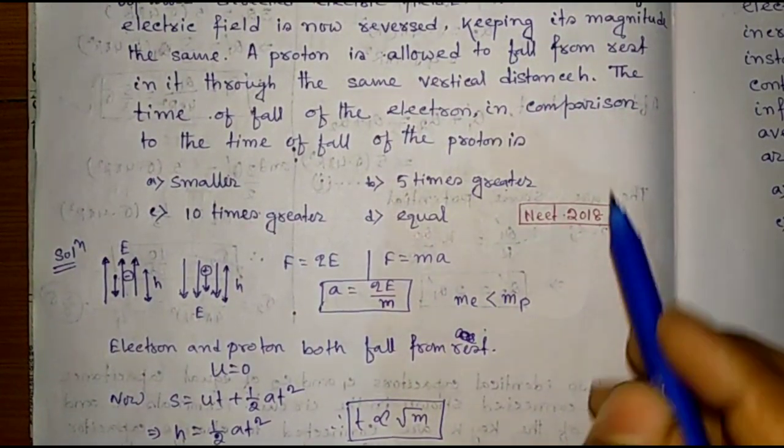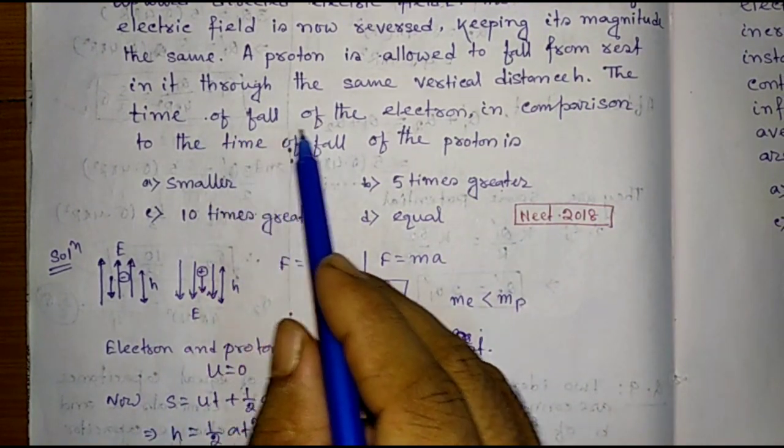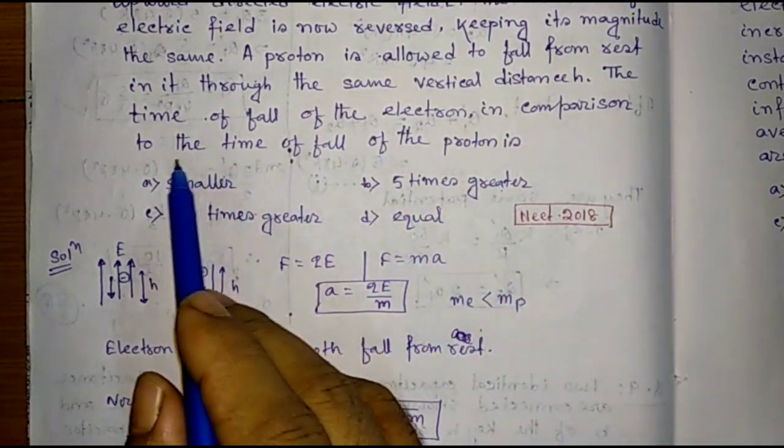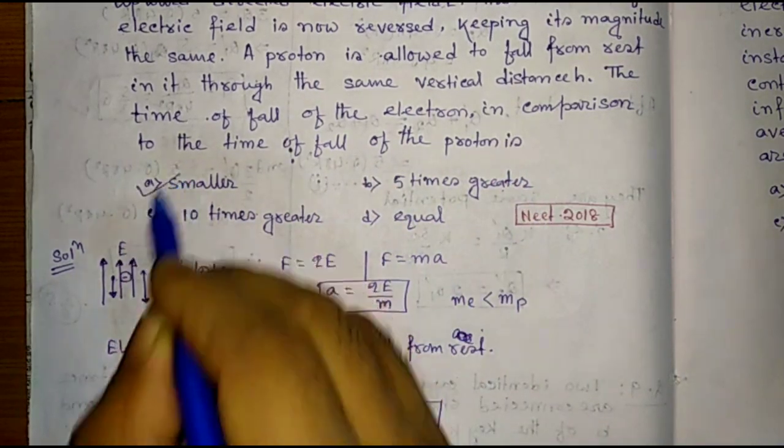The question asked the time of fall of the electron in comparison to the time of fall of the proton, so it is smaller.